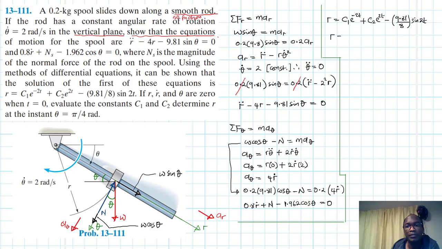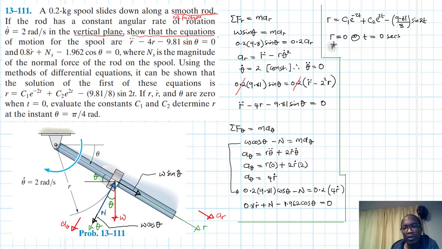So r is equal to 0 at t equal to 0 seconds.